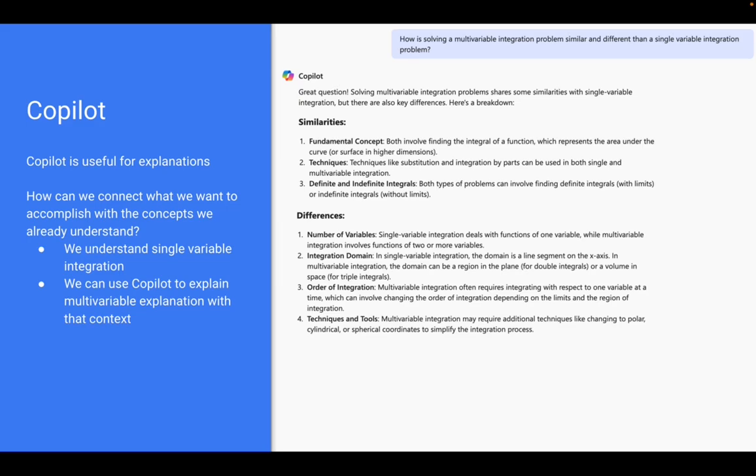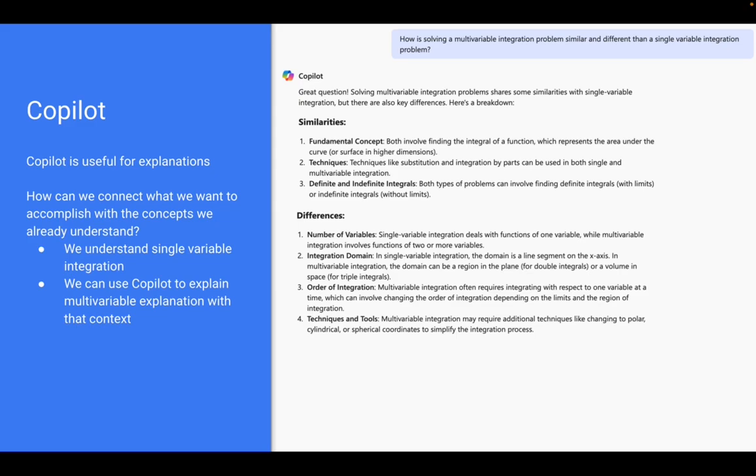The order of integration is also a difference. Multivariable integration requires integrating with respect to multiple variables, but you can do that one at a time and you can change the order depending on the limits and the region of integration. And of course, multivariable integration has many different techniques and tools that are only applicable to multivariable problems.